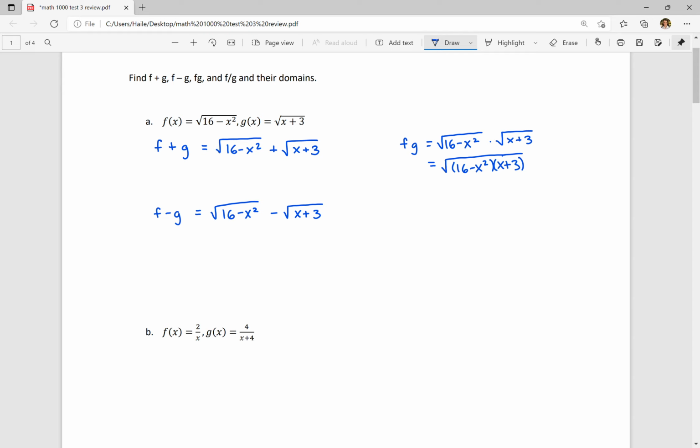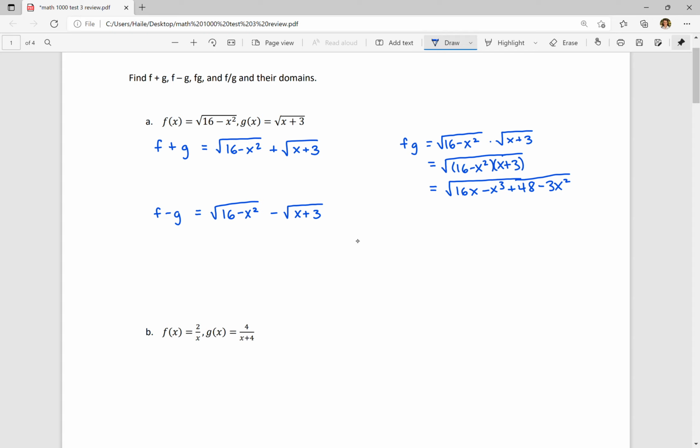To finish out our answer, we can simply multiply these two factors together. So we get the square root of 16x minus x cubed plus 48 minus 3x squared. And this is our simplest answer.